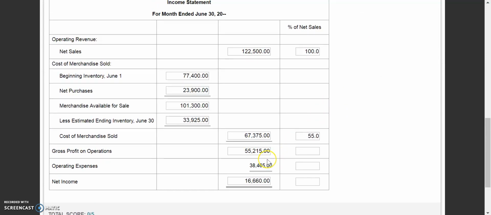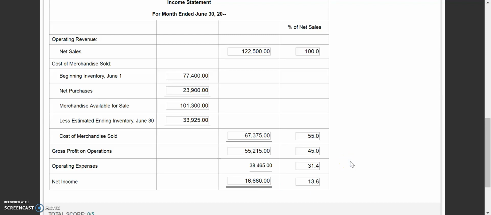And then we take our gross profit on operations, which is 55,125, and divide by our net sales amount, and we get 45.0. And then we're going to do our same thing for operating expenses, 38,465 divided by 122,500, and we get 31.4. And lastly, we do our net income amount, which should give you 13.6.